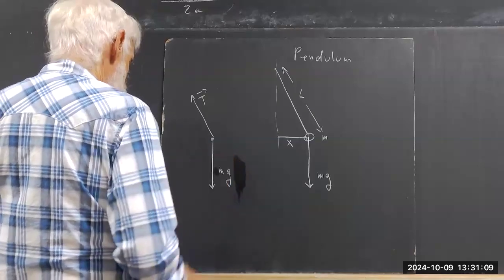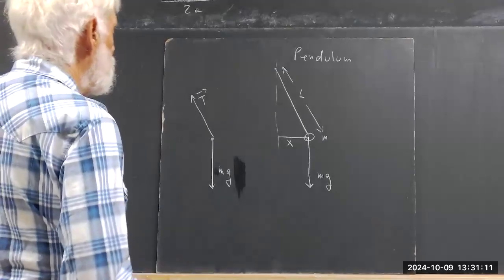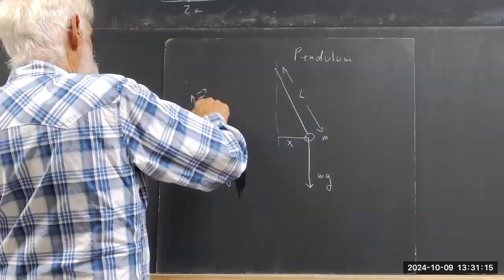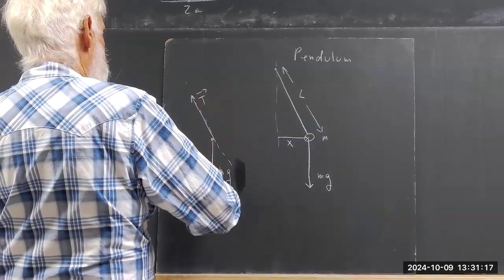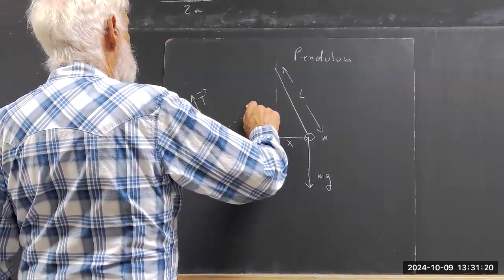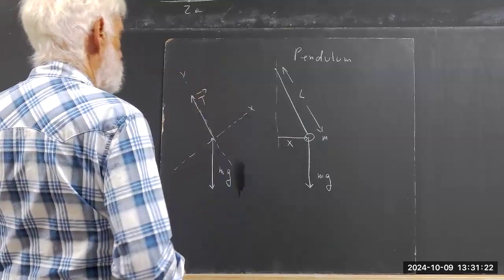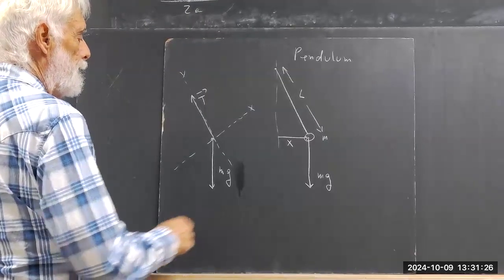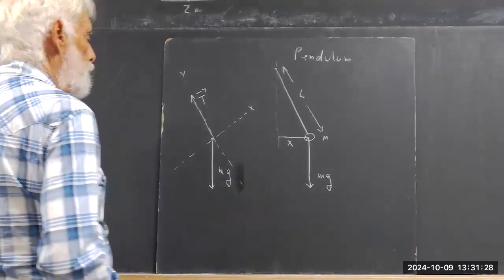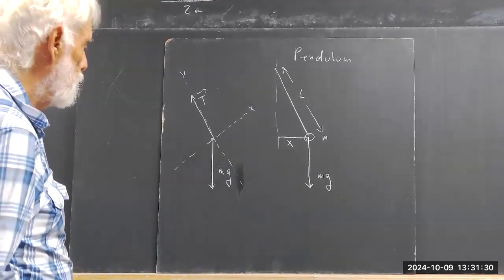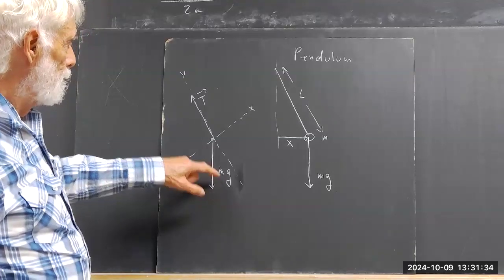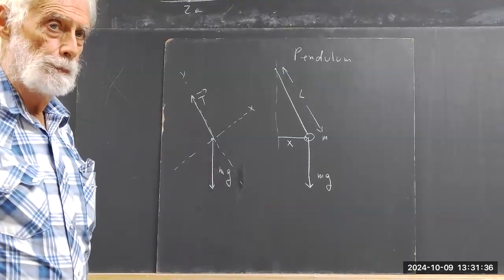Take off the negative and everything. Put my X and Y axes like this. So I want to know what are the components of MG parallel and perpendicular to T?